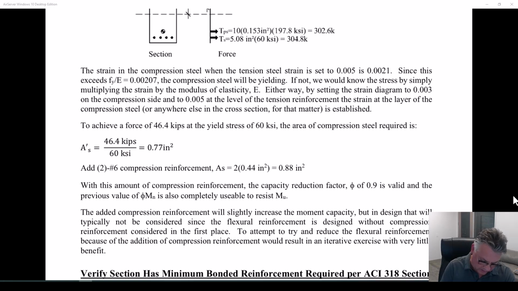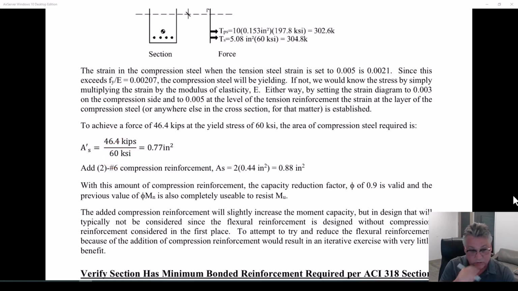Maybe in that case I would have 56 ksi or 54 ksi. But I know the strain in that steel, and I know whether it's yielding. If it's beyond yield, it's 60 ksi. If it's less than yield, it's the modulus of elasticity times that strain. So I know the force I need.